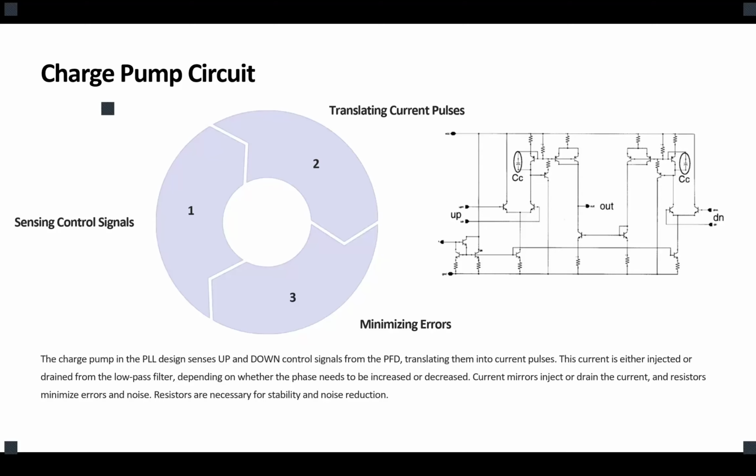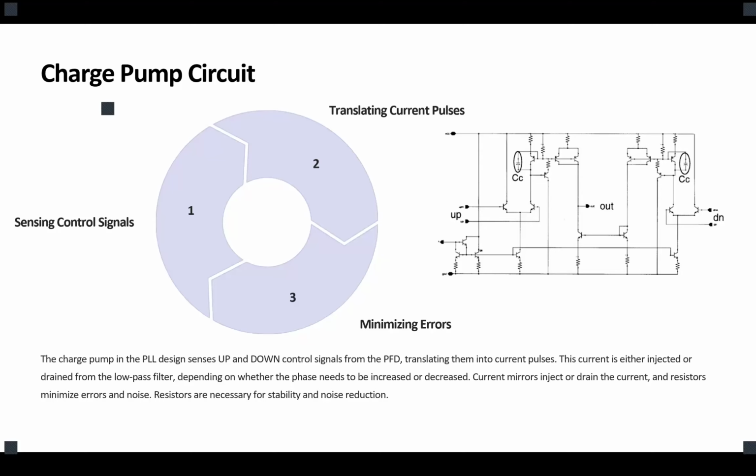So basically, it's a current source, to be precise. It gets the up and down signal and translates it to a certain amount of current going through the output of the charge pump. Why do we need that? Because for our oscillator, we need an analog signal rather than a digital up-down signal.